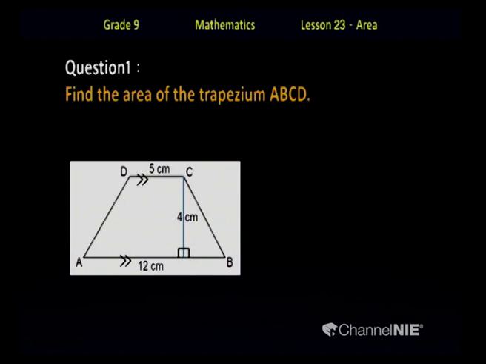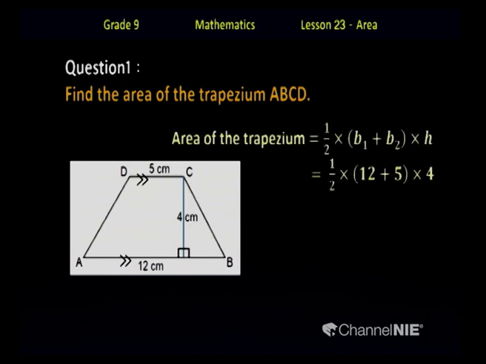AB and DC are the parallel sides, and the perpendicular height between them is given as 4 cm. How can you write your answer? It is half into 12 plus 5, into 4. Then simplify: 12 plus 5 is 17.